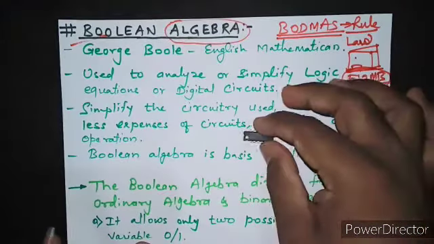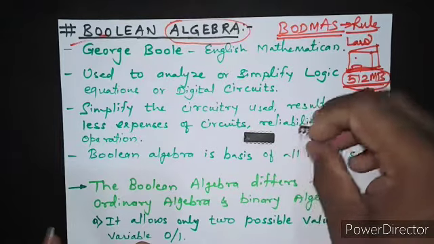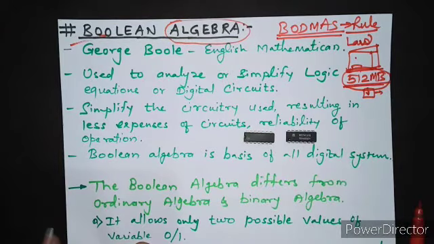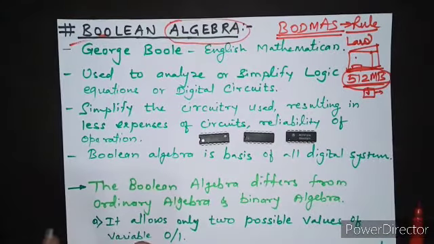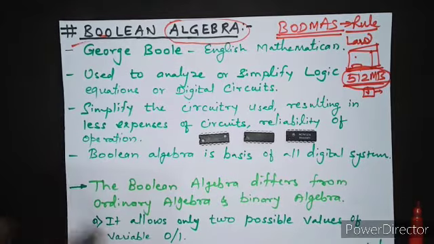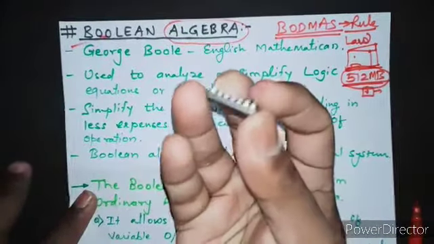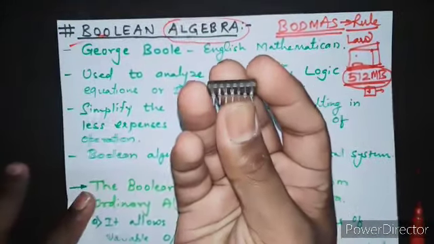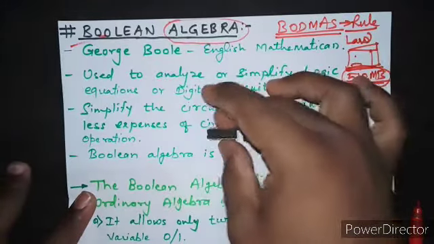These are actually the ICs of gates, called integrated circuits. These ICs are 14-pin ICs, 7 on one side, 7 on the other side.